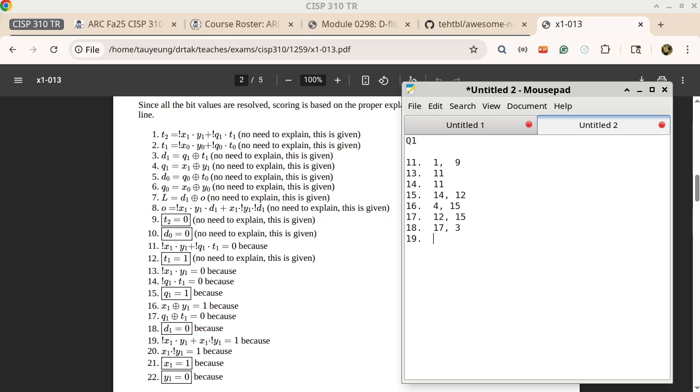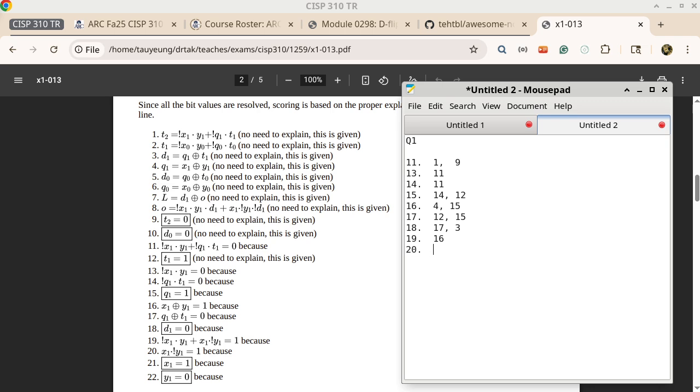I can tell because I know the pattern. So what is the exclusive OR between x1 and y1? Oh, it's just number 16. So number 16 directly explains number 19 without anything else.